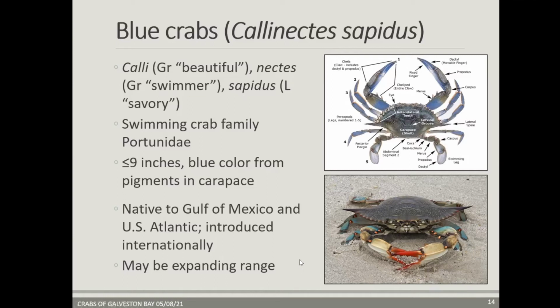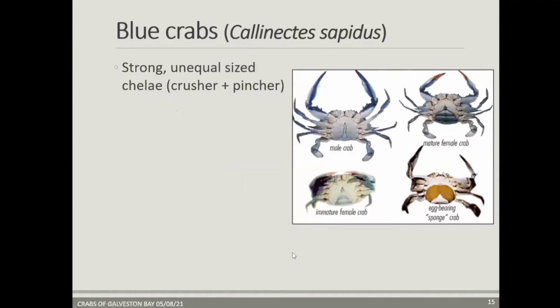Interestingly enough, this species may benefit from global climate change. There's evidence that with sea temperatures warming, they are expanding their range northward. Nobody really knows what this is going to do to the ecology of the places they're moving into, but they do seem to be expanding their range.